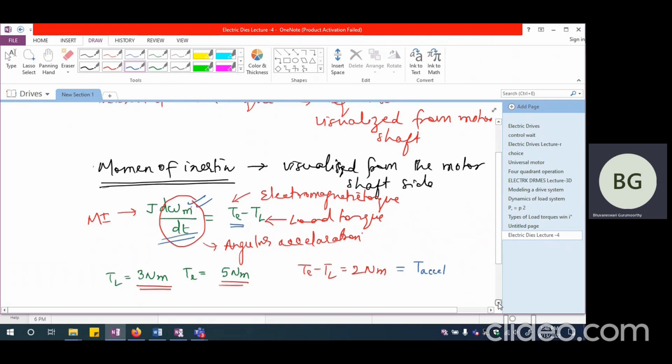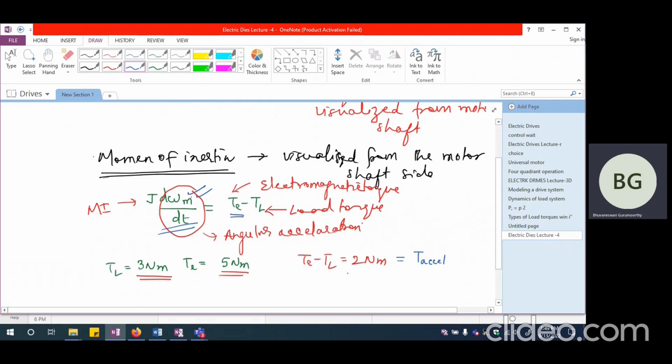The accelerating torque will go towards increasing the velocity, the speed of the system. How much speed increase is happening is governed by J. Whatever the J value is, that decides how much acceleration is imparted to the entire drive system.